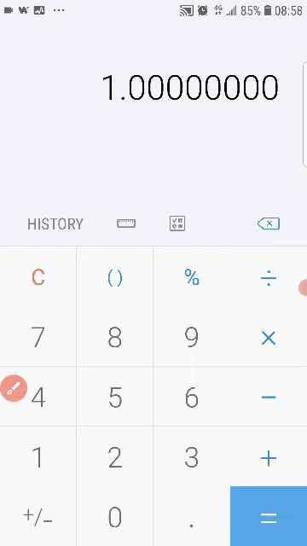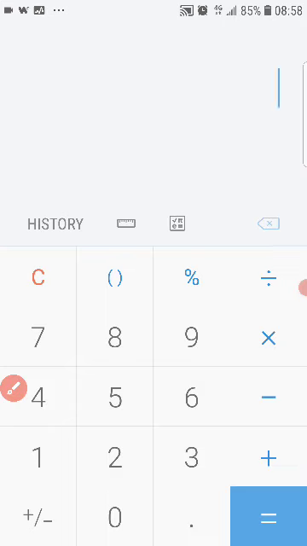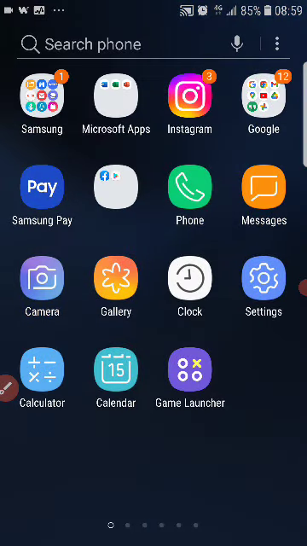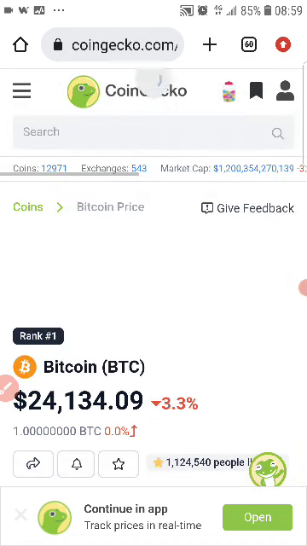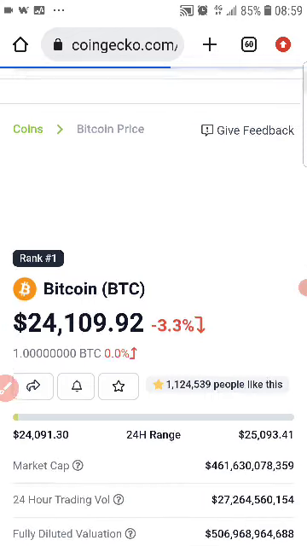Now let's talk about how to know the values of Satoshi. Let's go and check our CoinGecko. I told us that CoinGecko is one of the greatest tools that we should marry because it gives us all the accurate information.